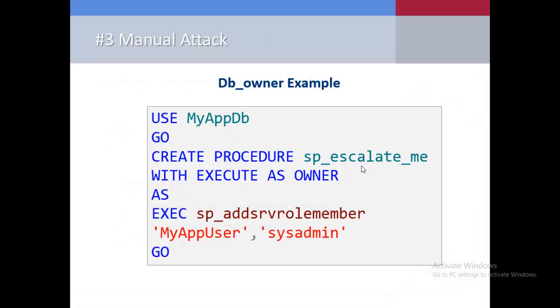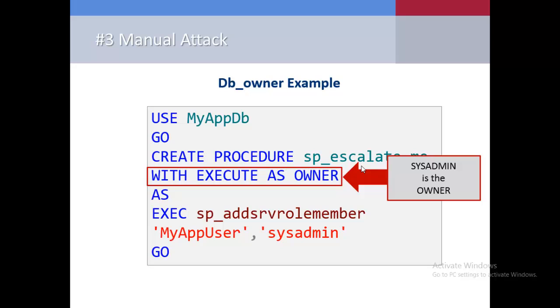So here's my example of an evil stored procedure that you might create if you happen to be an attacker who, say, found SQL injection in an app, and now you want to become a sysadmin. After identifying a database that is owned by sysadmin that you have the rights to create a procedure in, you can create the sp_escalate_me procedure, and the key thing to pay attention to is what I just highlighted, which is the WITH EXECUTE AS OWNER.